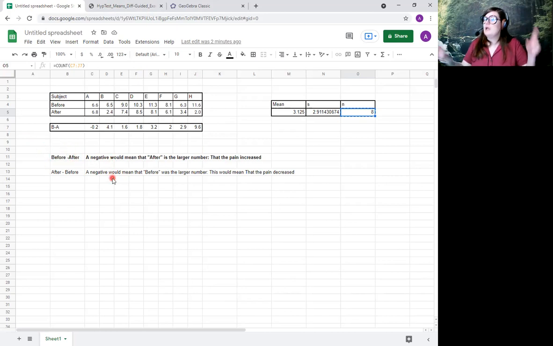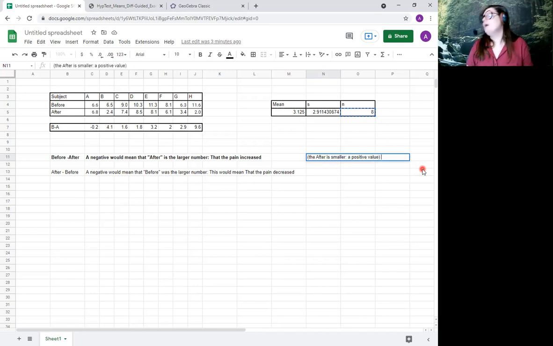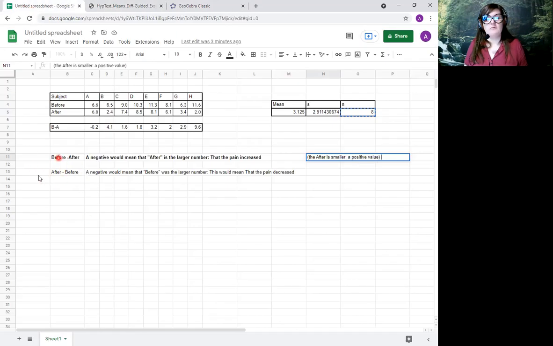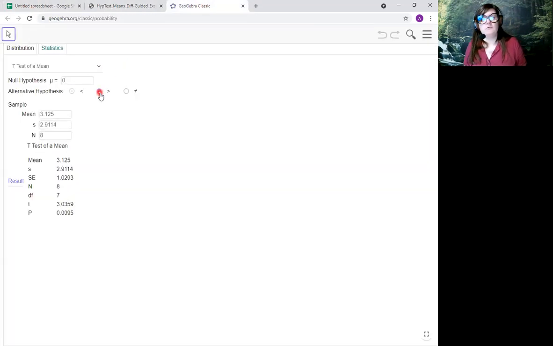Is my average a smaller number means a positive number? That's what we should say. So the after being smaller implies a positive value. So I'm looking for positive values, which means I'm doing a left-tailed test again. Now, if we'd wanted to, we could have done a right-tailed test, but then we would have needed to work with the after minus the before.